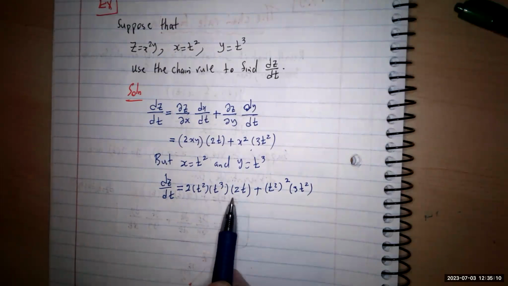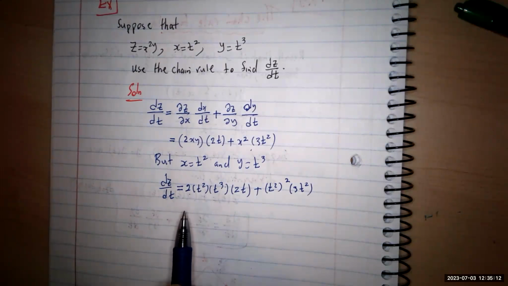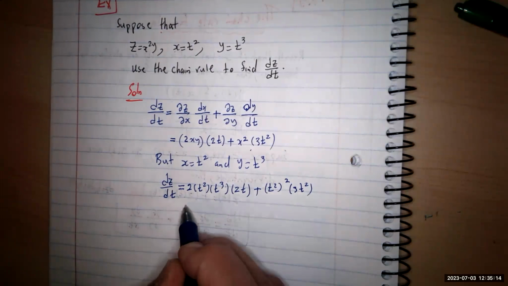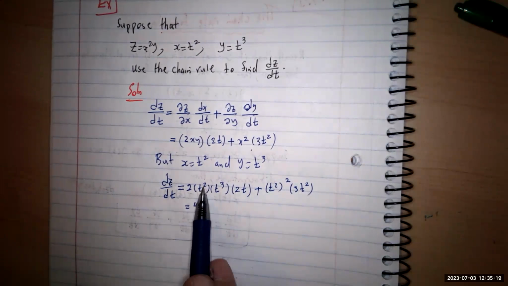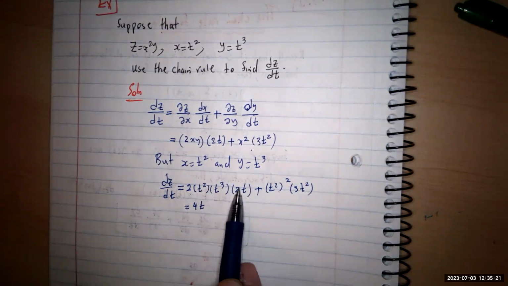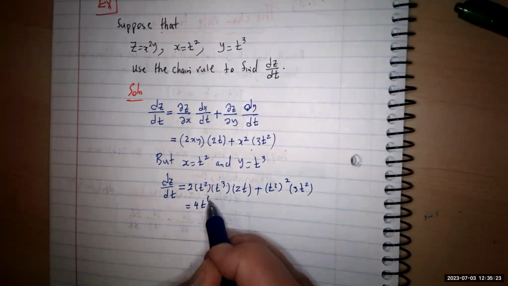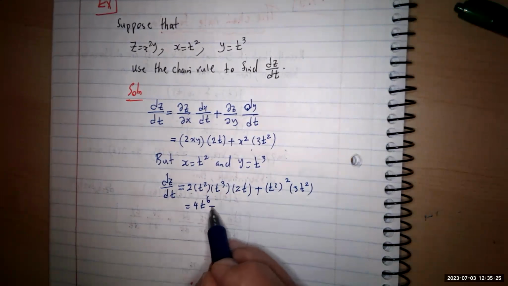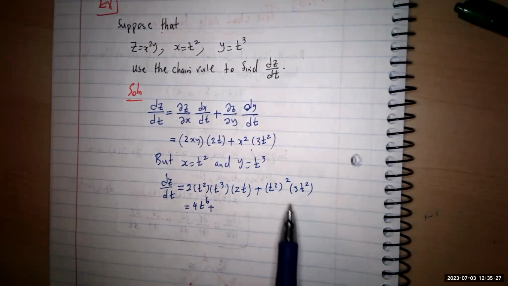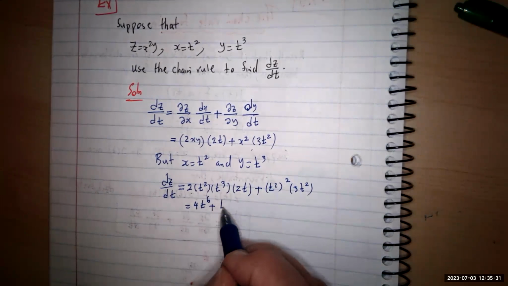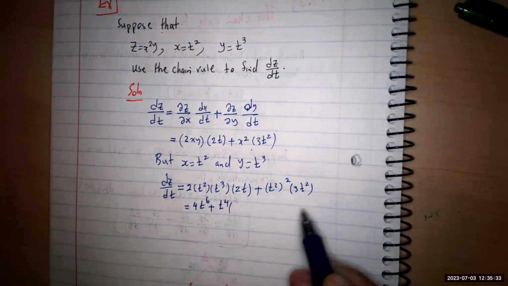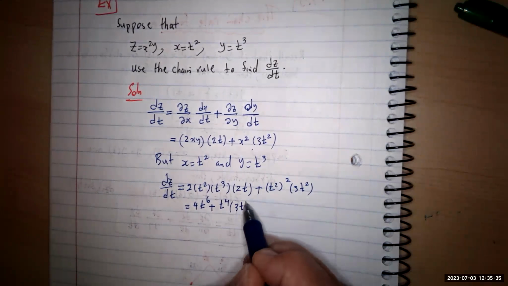Simplify, and you're done. 2 times 2 would be 4, so it's going to be equal to 4t to the power: add them together, 2 and 3 is 5, and 1 is 6. Plus t squared squared, which is t to the 4th, times 3t squared.